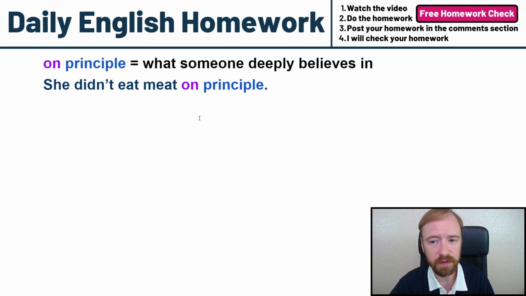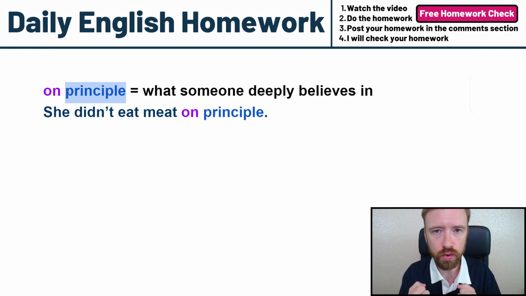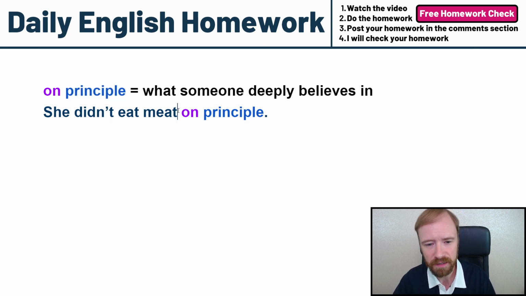On principle. A principle is something you deeply believe. So some sort of topic or issue, you deeply believe in this principle, in this value, and you cannot go against it. You cannot do the opposite of that belief. So she didn't eat meat on principle.